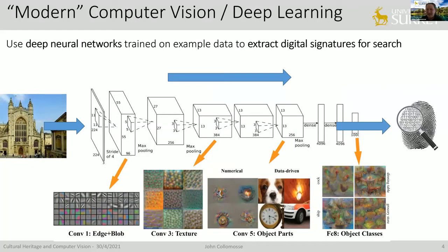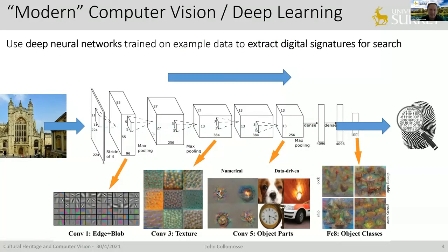Modern computer vision techniques, since about 2012, are largely, almost entirely, based around deep learning. By deep learning, we mean neural networks that have been trained to do some processing on images. You can think of it as a data processing pipeline. An image goes in on the left, it passes through a bunch of layers which learn to transform that image into some fingerprint or digital signature of that image on the right-hand side.